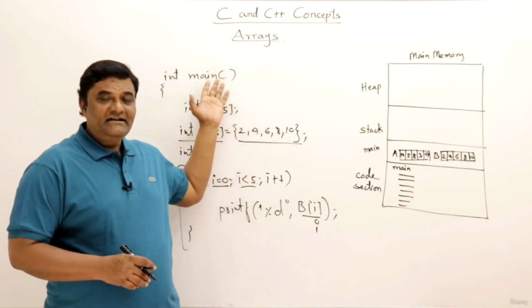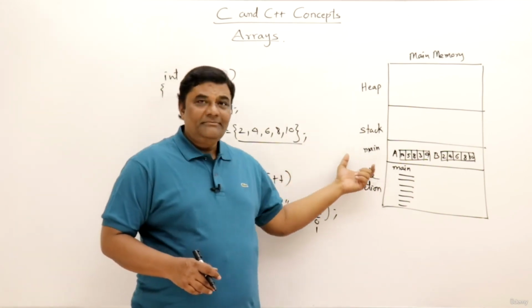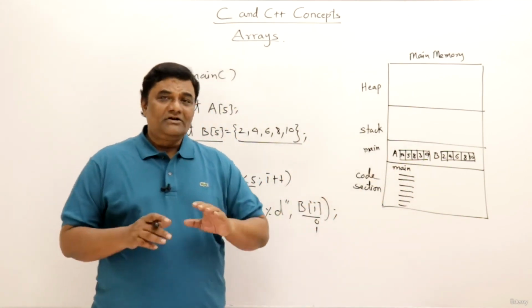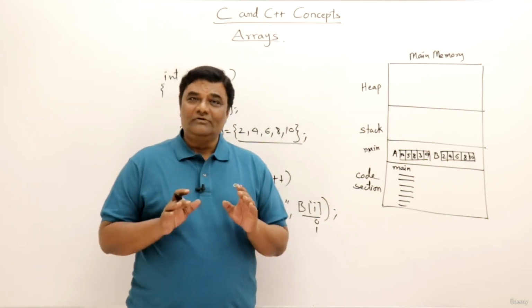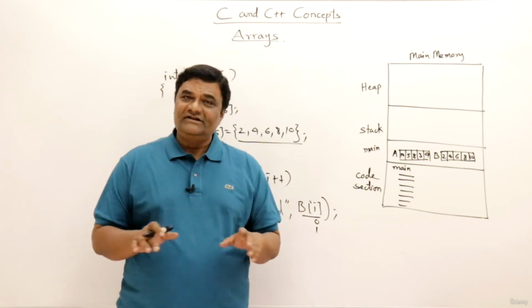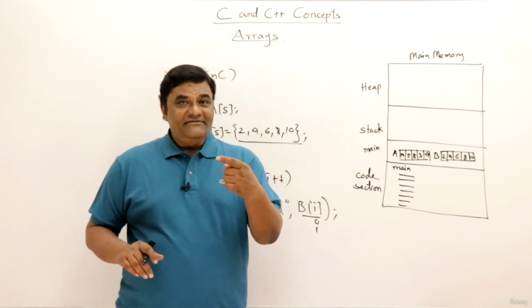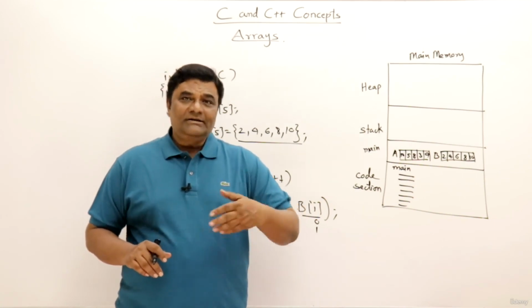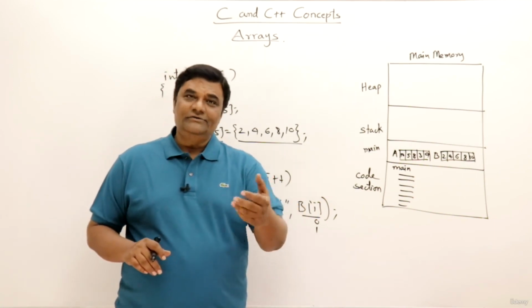And when it is declared inside a function, where it will appear inside the main memory. This is sufficient for now because we have a lot of things to learn about arrays. There is a big section called arrays. There you will learn everything about arrays. So as a revision, I have discussed this much. That is sufficient. We have to learn about other topics. Let us continue in other videos.